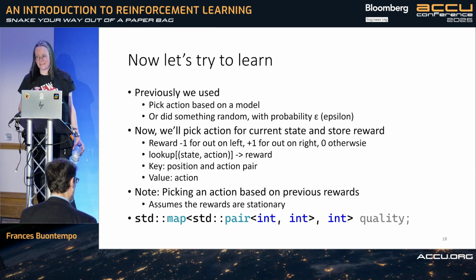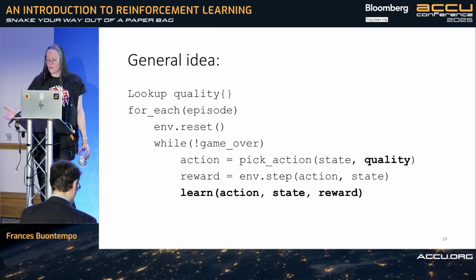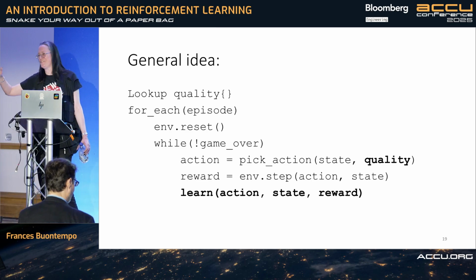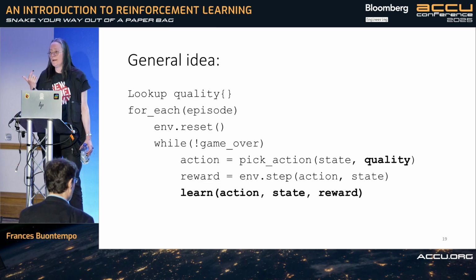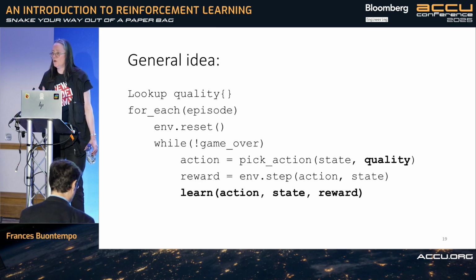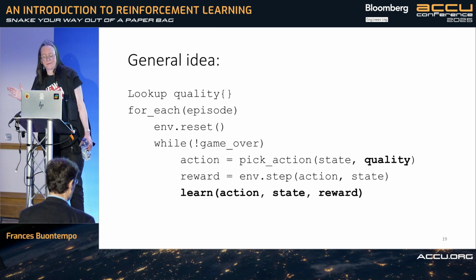This isn't very strongly typed and there are lots of ints. Don't worry, I have a word with myself when we go to 2D, but just bear with me for now. Let's keep it simple. So we're going to have a lookup table, like a map of pair of ints to an int. And for each episode, each run of the game, the agent's going to start in the middle, maybe pick something at random, or maybe look in the lookup table and go, I'm at index 4. What should I do now? What's better?